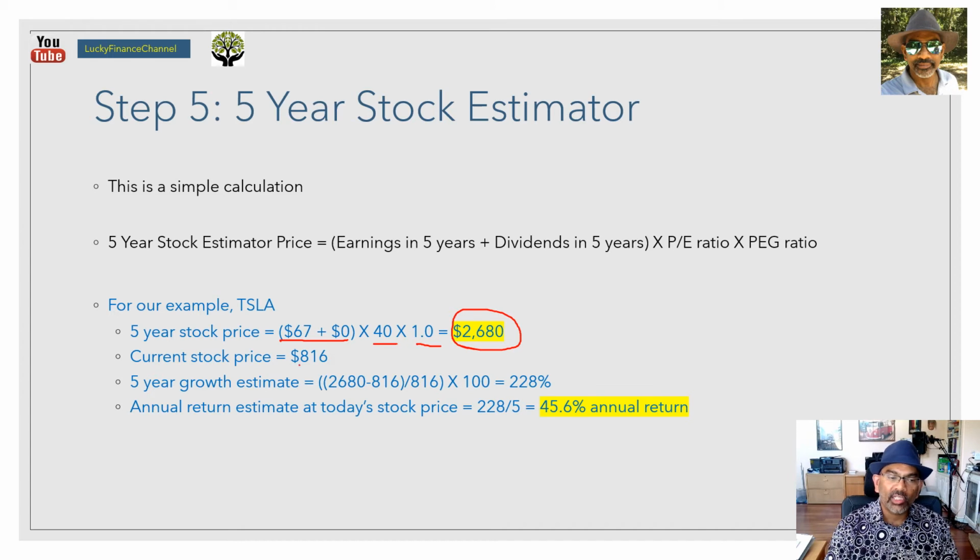If you look at the current stock price, which is hovering around 816, then the 5-year growth estimate is about 228% growth, or on an annualized basis, that's a return of close to 46%, which is very impressive. So if you bought Tesla stock in the range of $800 today, in 5 years it could be $2,680, which would be about a 46% annualized growth. Fantastic.